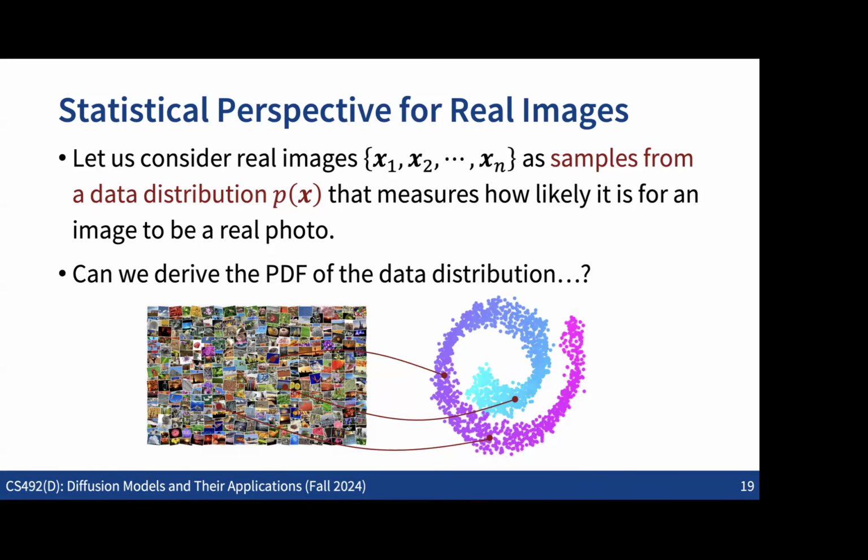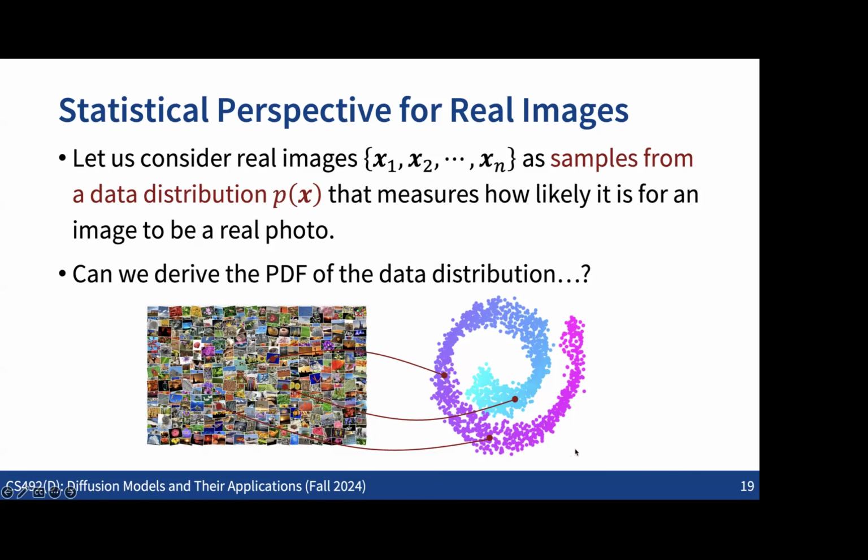We don't have any analytic form of the probability density function. If we knew the distribution, sampling would be a very easy problem. But if we only have the samples, how can we do the sampling based on this information?